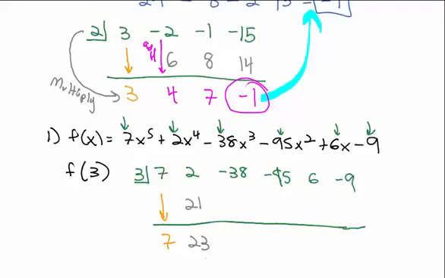Multiplying by 3, 23 times 3 is 69. Minus 38 is 31. Times 3 is 93. Subtracting the 95, we get negative 2. Times 3 is negative 6. Subtracting the 6, we get 0. Times 3 is 0, which brings it down to a negative 9.